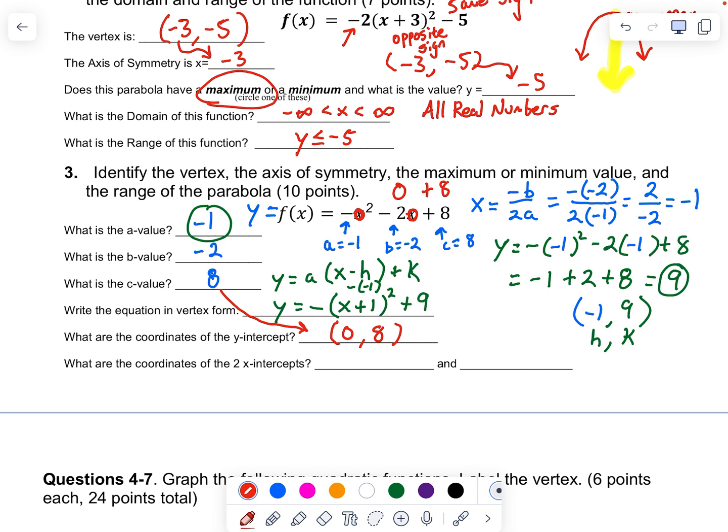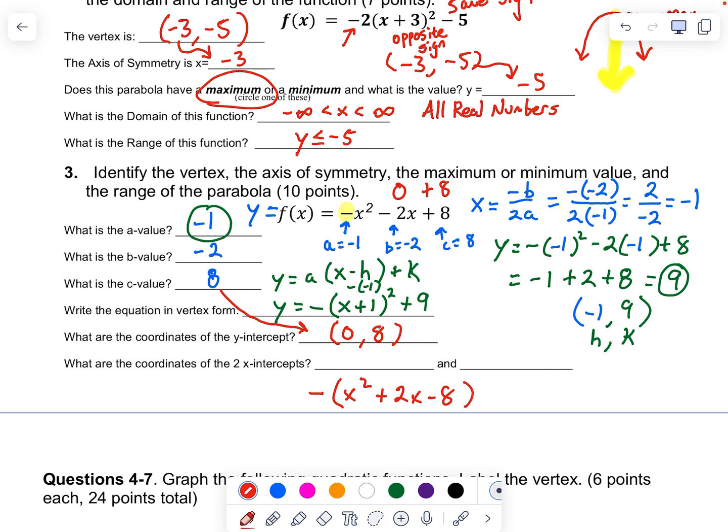This equation looks pretty easy to factor. If you have a negative out front like we do here, always factor that out, like a GCF, and we go negative x squared plus 2x minus 8.